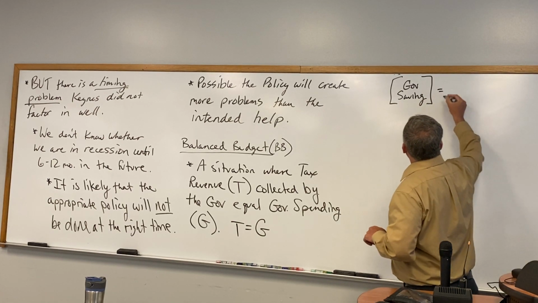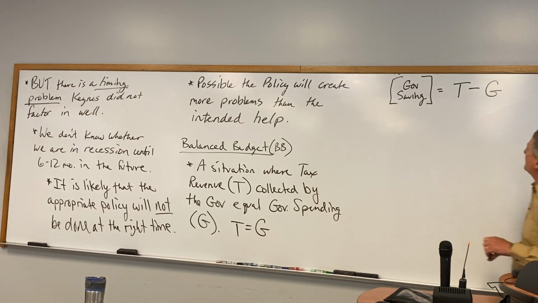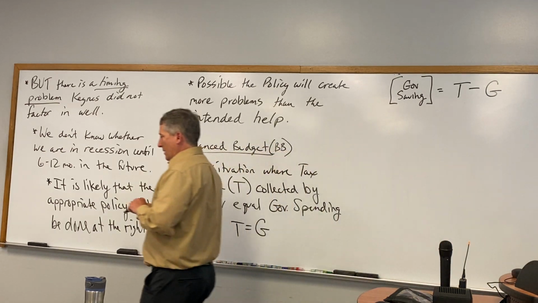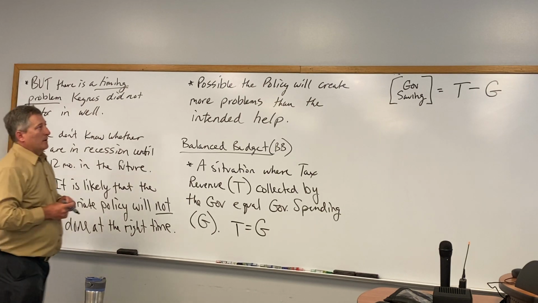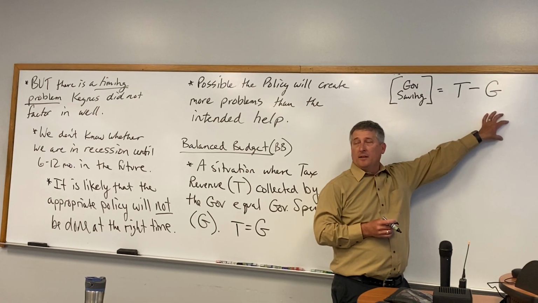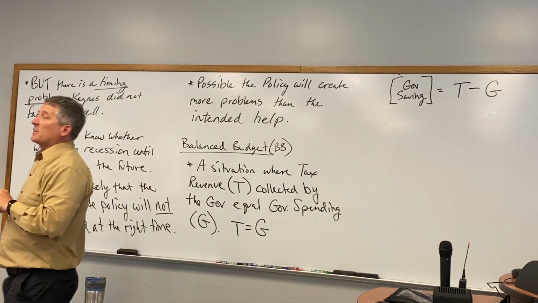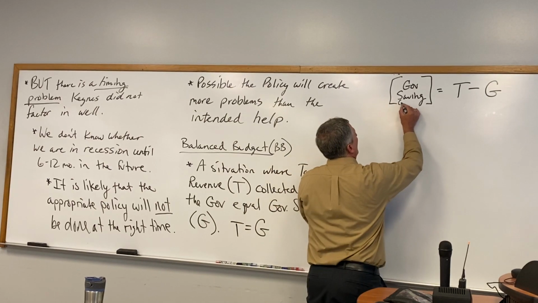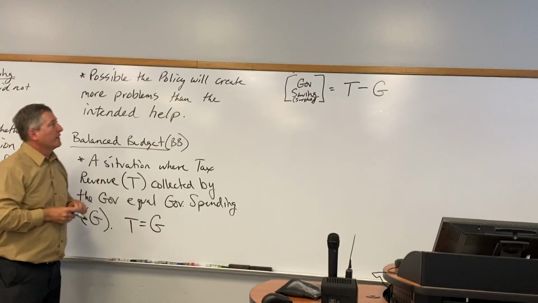So a formula for government savings would be T minus G. So if the government collected more taxes than what they spent, they'd have some leftover, which we can kind of call savings, or we also call it a government surplus. So the government saving or surplus funds, taxes that are greater than government spending.